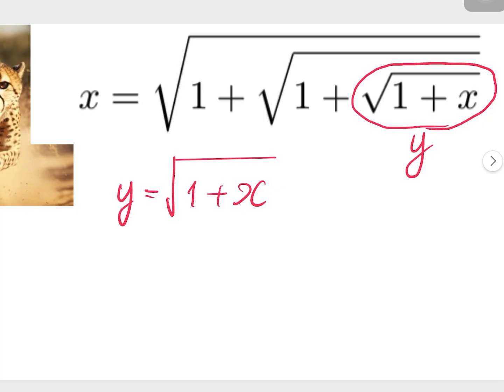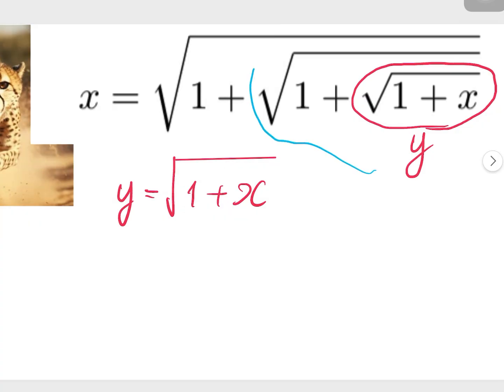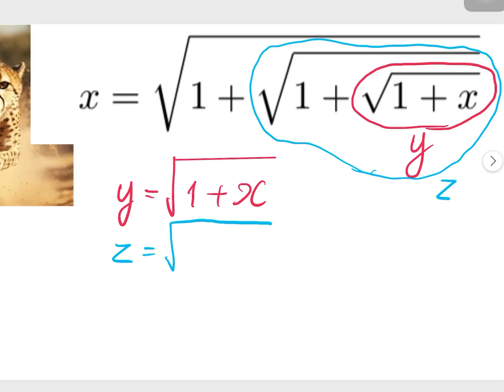Now I consider a bigger block like this, and I name this block z. So I will have z equals square root of 1 plus y.